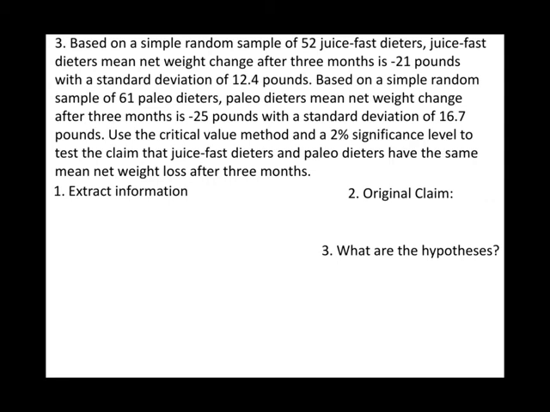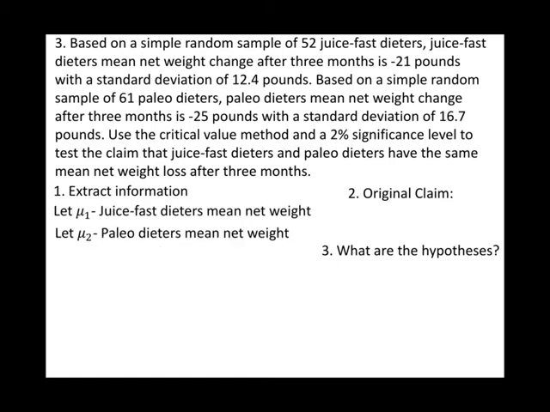So first step, write down the mean 1 and your mean 2. I will let my mean 1 equal the juice-fast dieters' mean net weight, and mean 2 will be the paleo dieters' mean net weight. I want you to try to do it by yourself.